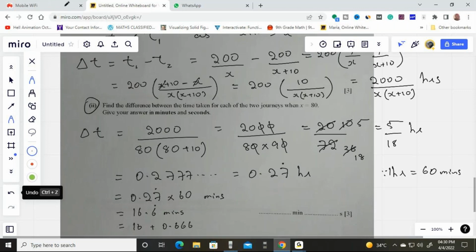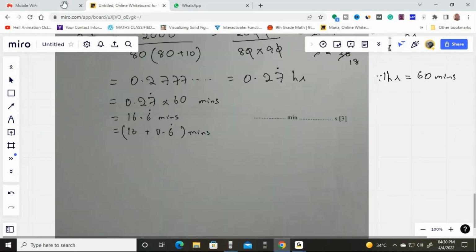I'm going to multiply it with my 60 so that it will be converted into seconds. So that is 40 seconds.